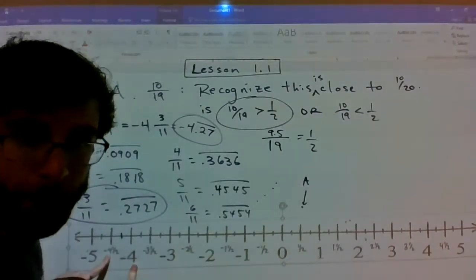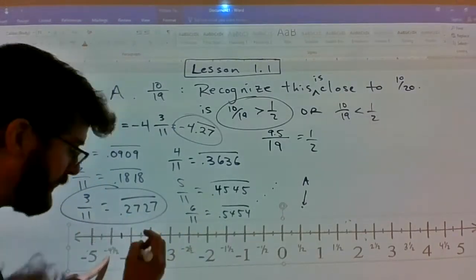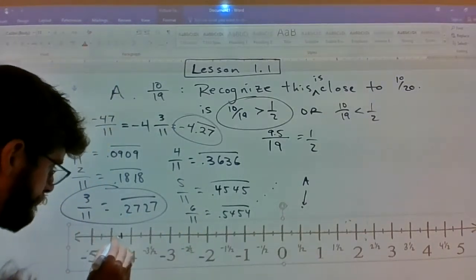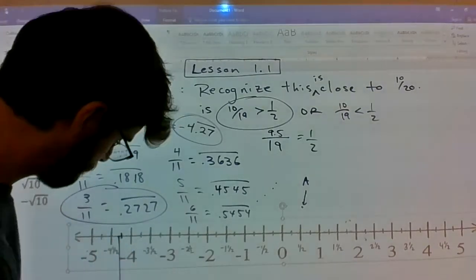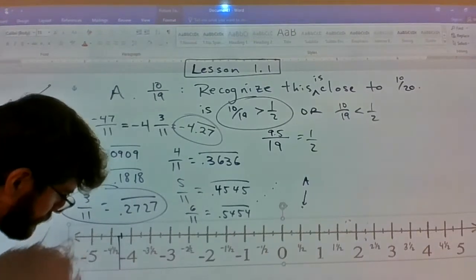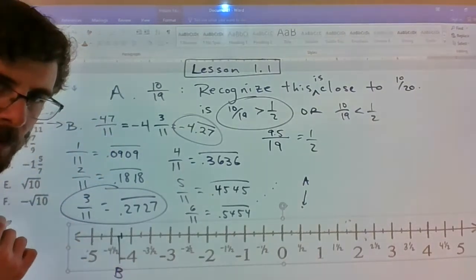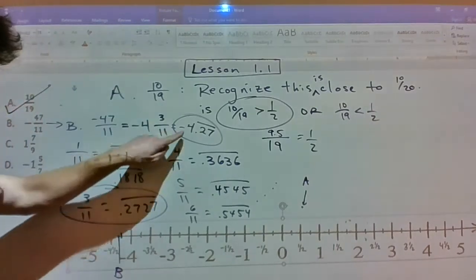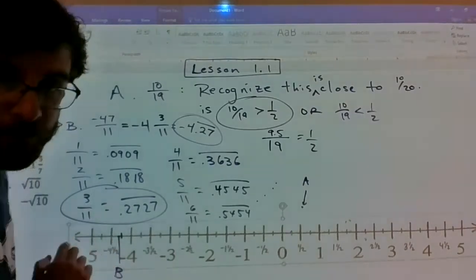That's -4.25. -4.27 would be to the left of that. So that's where B would be. -4.27, left of the quarter mark between -4 and -4.5.